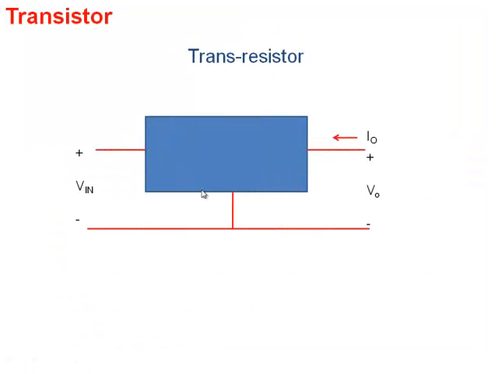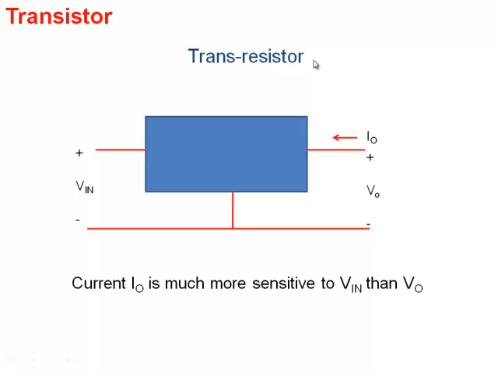All right, so let's look at this picture here. Transistor can be thought of as made of these two words, trans and resistor. One of the central characteristics of a transistor is that there is an input side here and an output side here, so it's a two-port device. The input port is here and the output port is here.